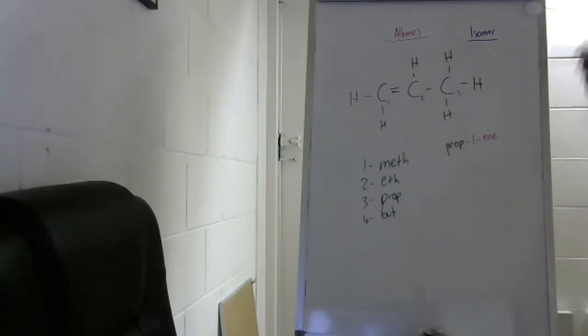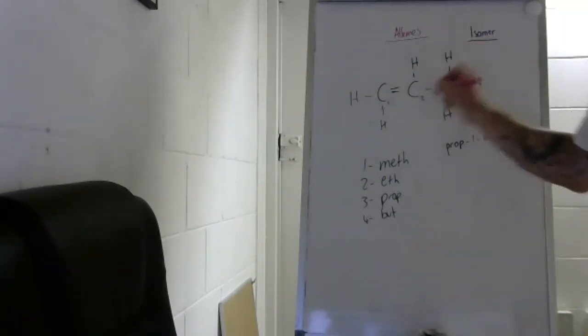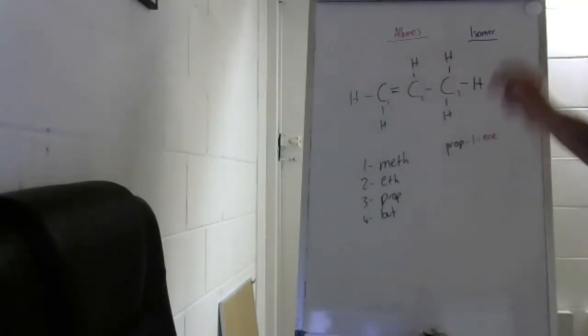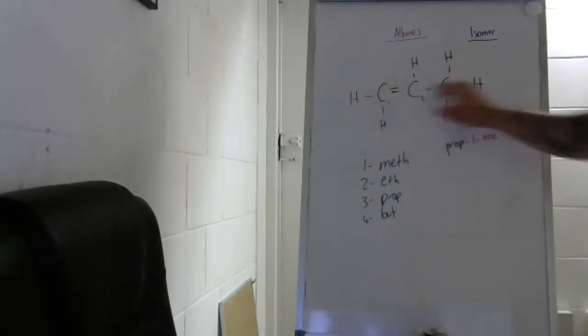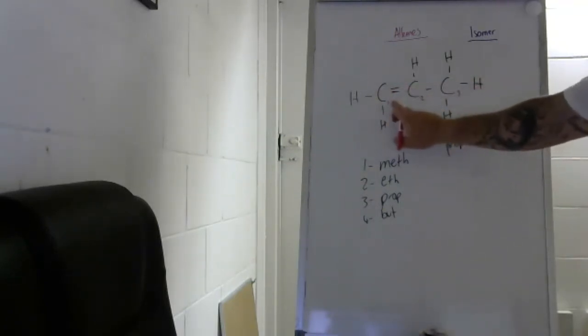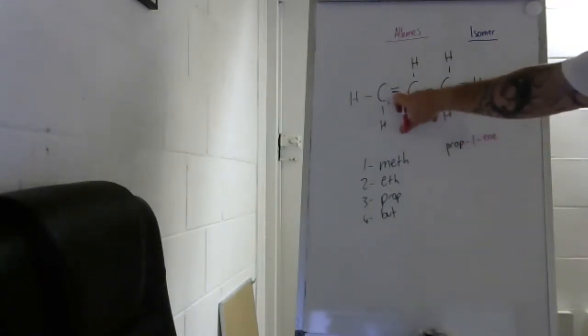So when we have alkenes, we have to name them based on where the double bond is and which carbon it comes from. In this case, there's 3 carbon atoms. Prop-1 is the position of the functional group, and ene because it's a double bond.